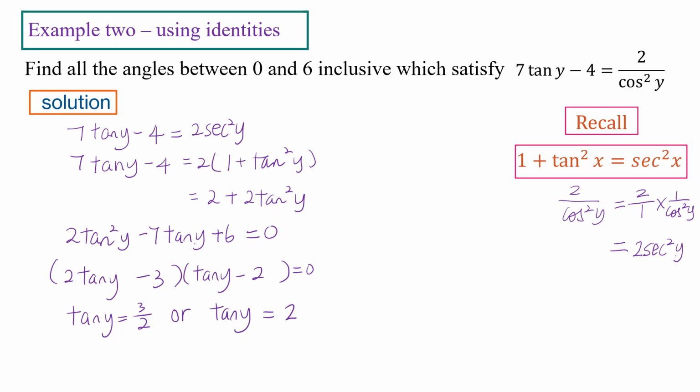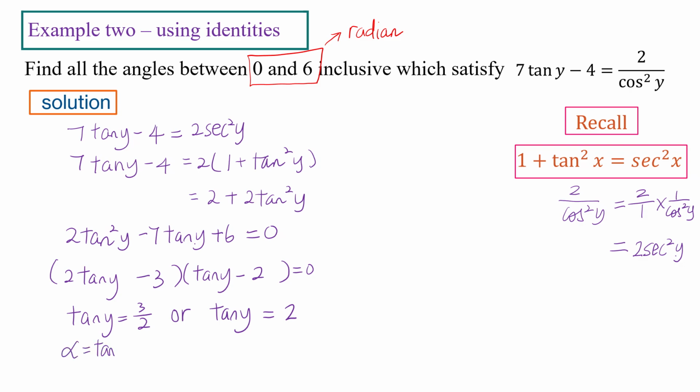All right, so if you look at the questions again, the angle you're supposed to find, it's between 0 and 6 inclusive. From here, we know that the angle must be expressed in radian. Right, so the next step we need to do is to find the reference angle for both.